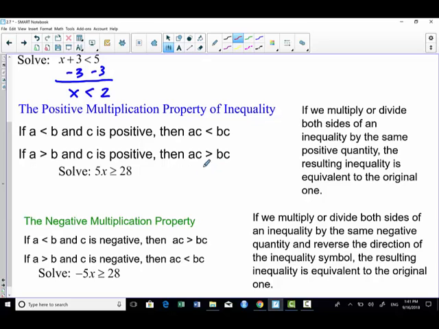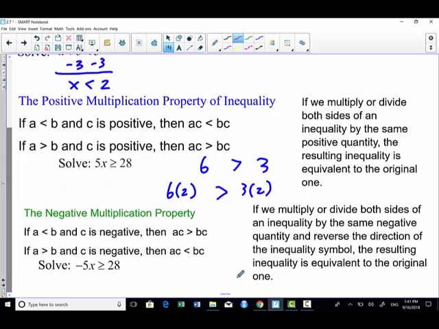For example, if you have 6 greater than 3, which is a true statement, you can multiply a positive number on both sides. You end up with 12 on the left hand side and 6 on the right hand side. And 12 is still bigger than 6, which you got a true statement still, without reversing the inequality symbol.